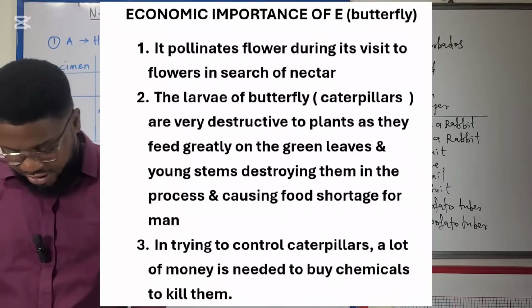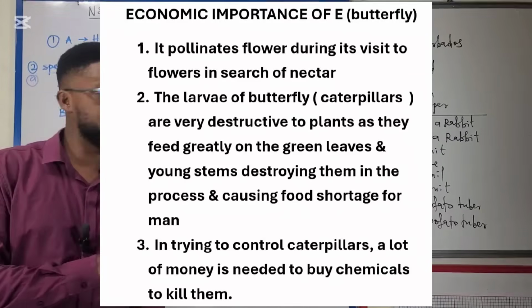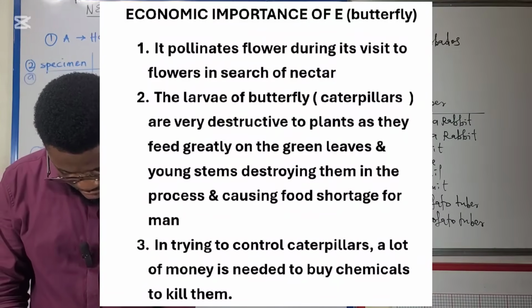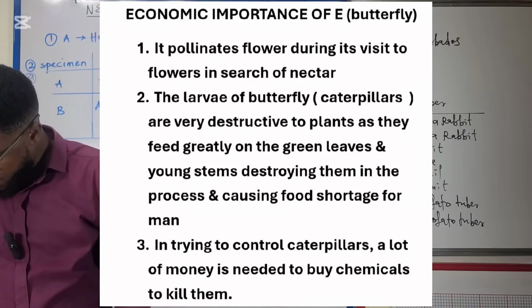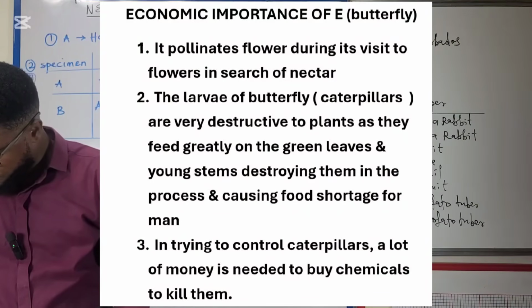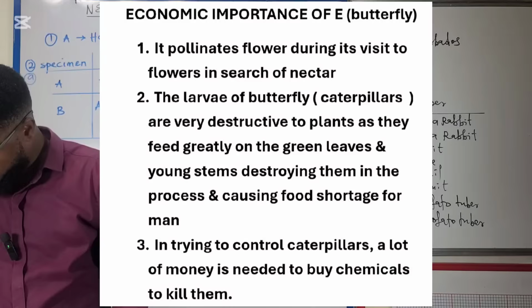Nectar is the sugary fluid that we have in flower. Pollination brings about fertilization of flowers, leading to production of seeds and fruits.